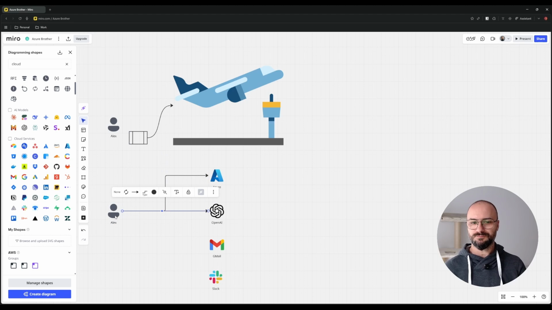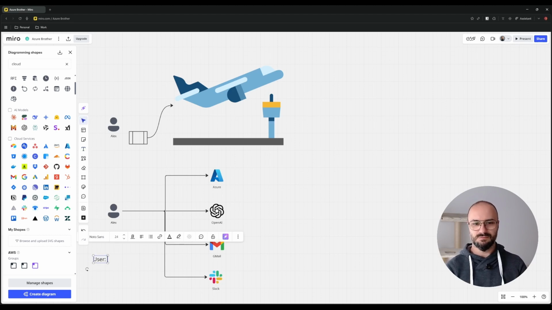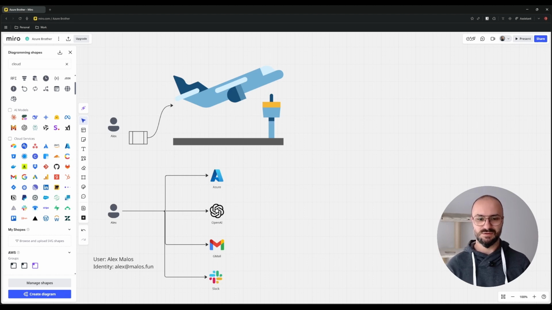So this is something that I've seen quite common with a lot of people, to mix these concepts of user and identity. Well, let's also write this down. When we think of a user, this is basically you and me. Now, the identity is actually the digital representation of that user. So a user can have multiple identities, as you can see on the screen.